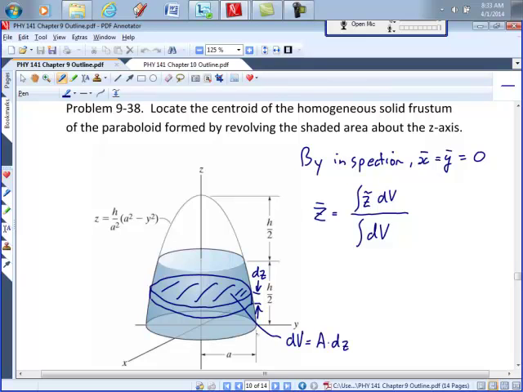So at z equals 0, A is going to equal y, but the radius is going to be y. It's x and y, but x isn't in the equation. So if the radius equals y, then that area is going to be equal to pi y squared.